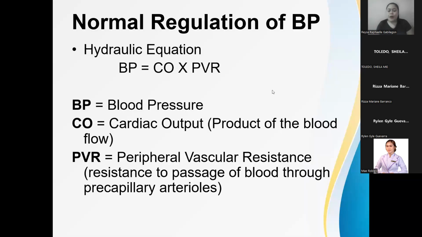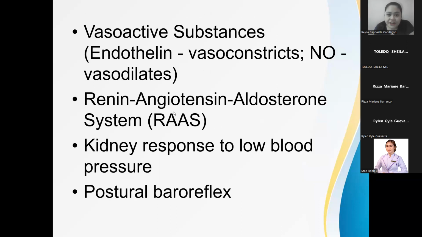Sige. So, aside from these things, aside from the hydraulic equation of the cardiac output and the peripheral vascular resistance, other things also contribute to the regulation of our blood pressure. That includes the vasoactive substances produced inside our body.